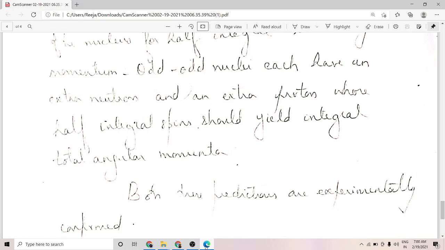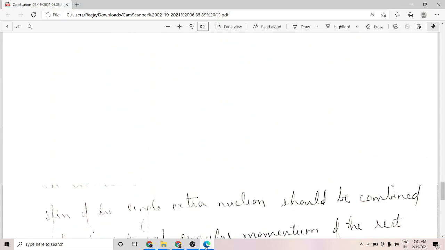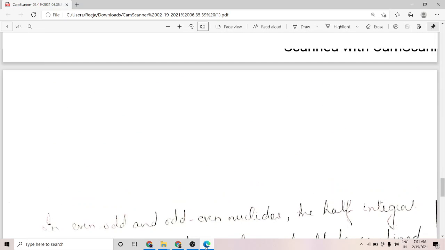Okay. So these predictions can be made using the shell model, and both these predictions have been found to be experimentally correct, and they have been confirmed experimentally. What were the two predictions?